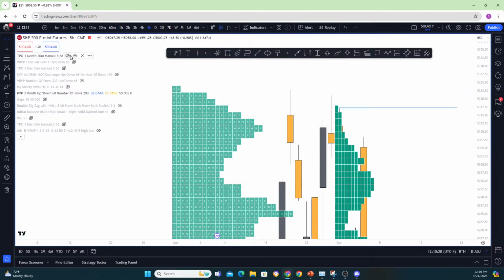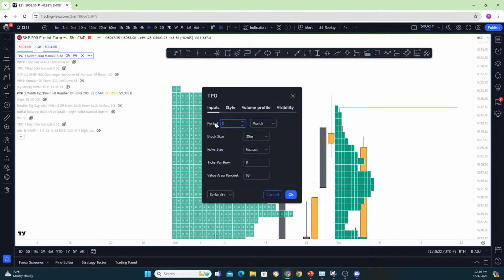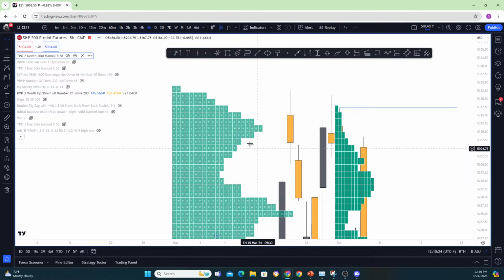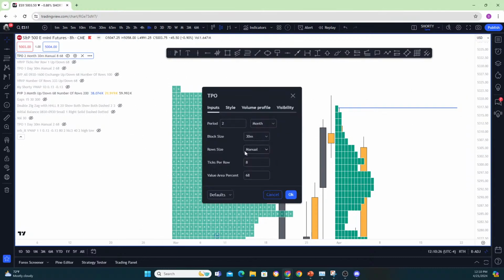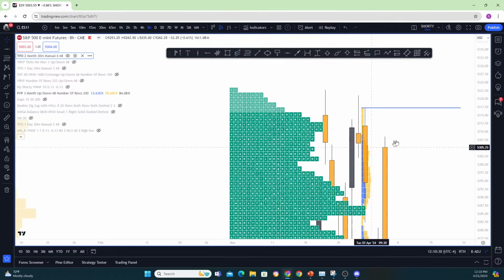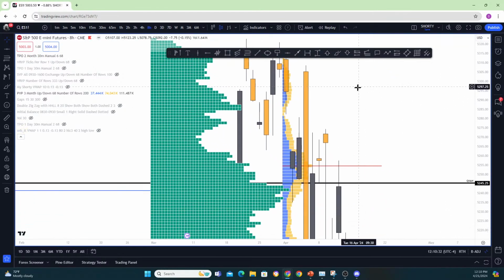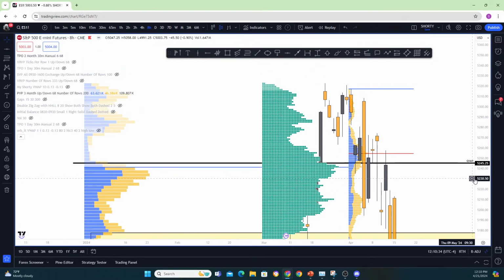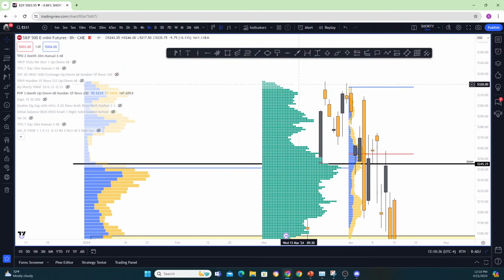Anyone else? What do you guys see? I'll give you 2 months so you can see it. So when you see a top, is this the type of top you want to see if you want to go much lower? Yeah.